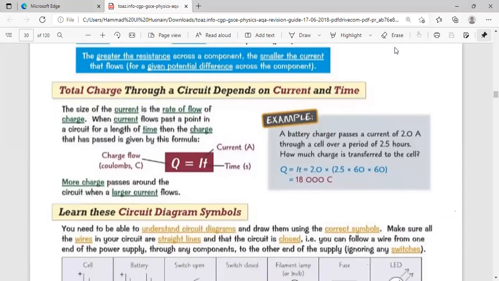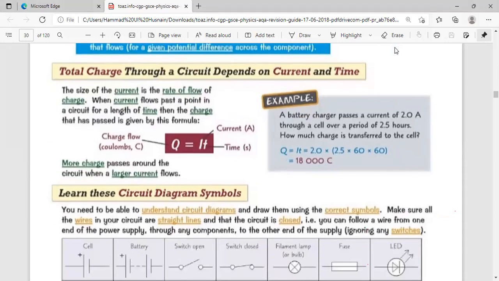So right now, the total charge through a circuit depends on current and time. On which things does the total charge passing through a circuit depend? While defining current, I showed you an equation that I is equal to Q by T, that we define current as the amount of charge flowing in a unit time.